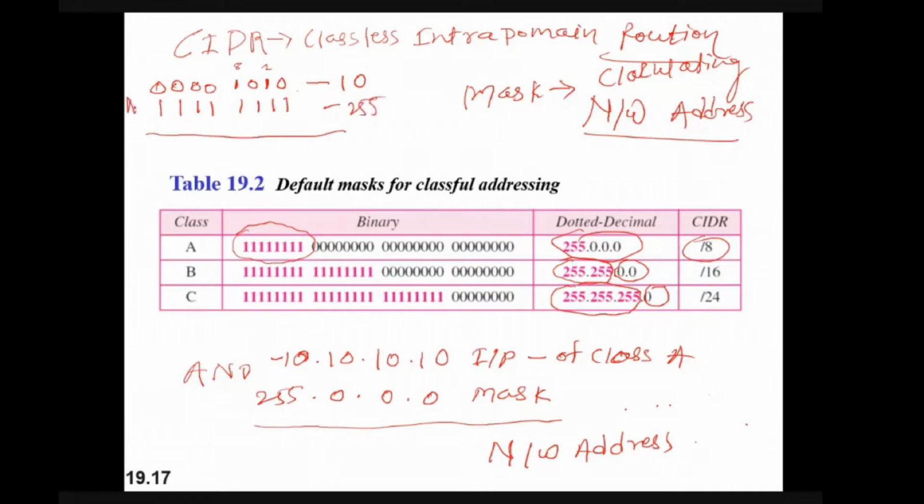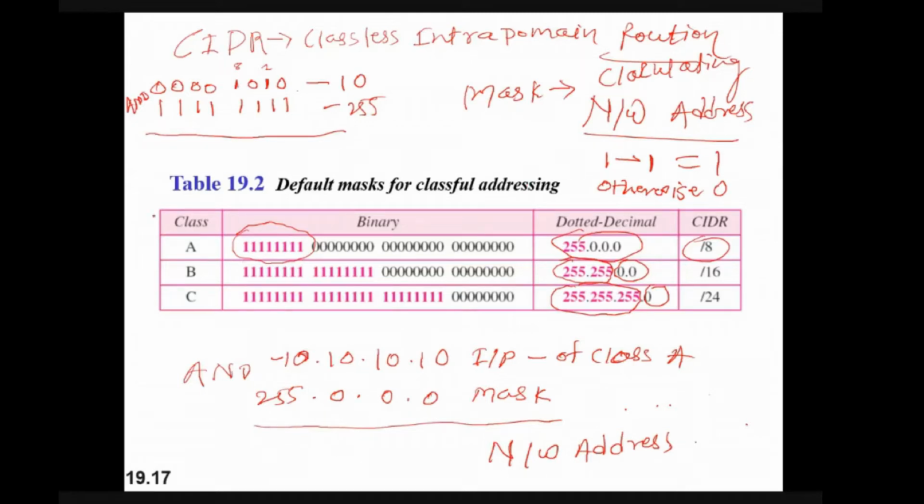So AND, can you tell me the ANDing? In ANDing, if both inputs are 1, the result is 1, otherwise the result is 0. Am I right?